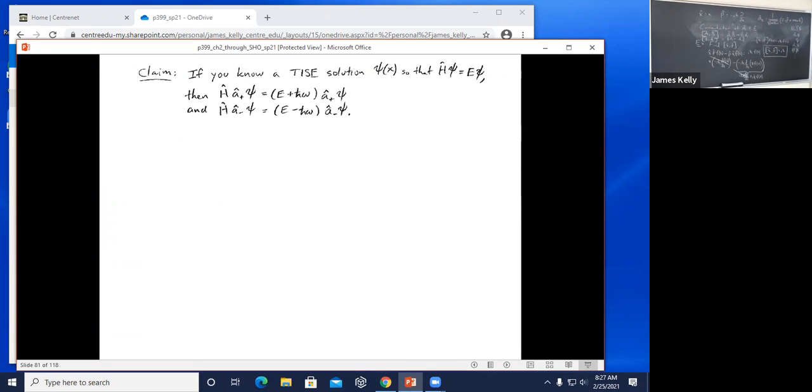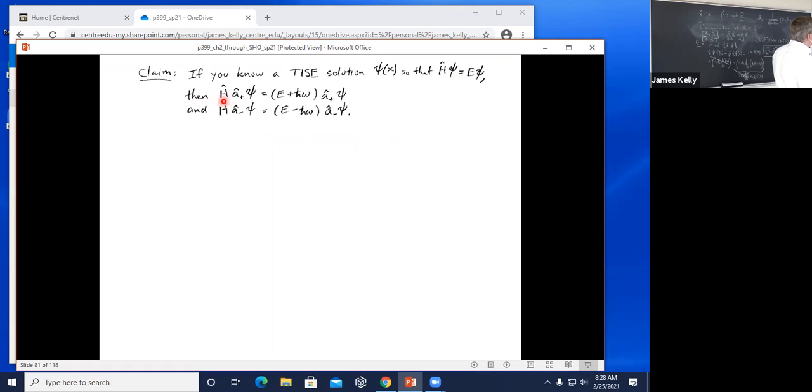Here's the central claim that we want to prove, from which all of this useful stuff is going to follow. Let's suppose we know a solution to our time-independent Schrodinger equation using the harmonic oscillator potential. What that means is that H applied to that psi is some E times that psi.